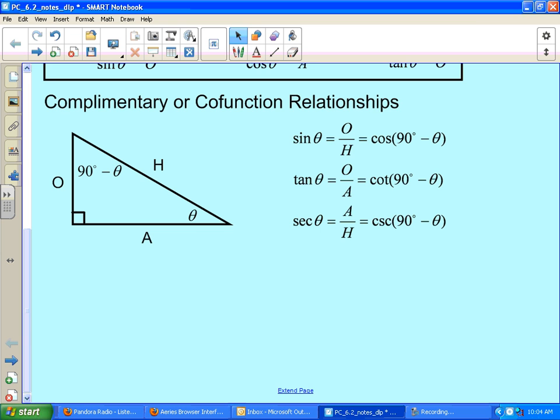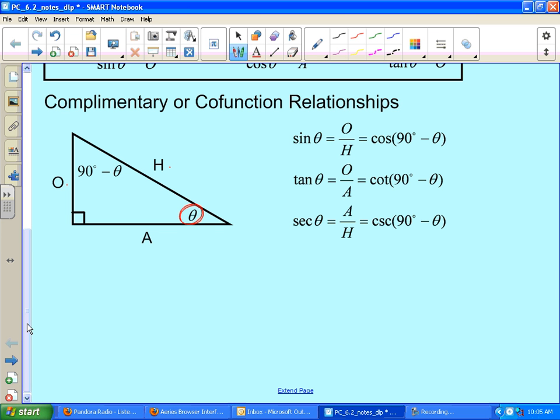So taking a look at theta, the sine of that angle is the opposite over the hypotenuse. Now, do this: you guys have your calculators out? Pull them out for me, and put in the sine of 30. First of all, make sure you're in degree mode, which you probably are by default.